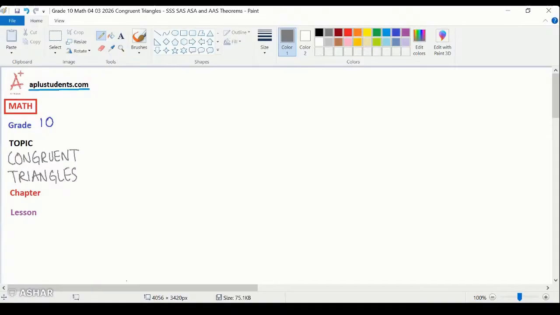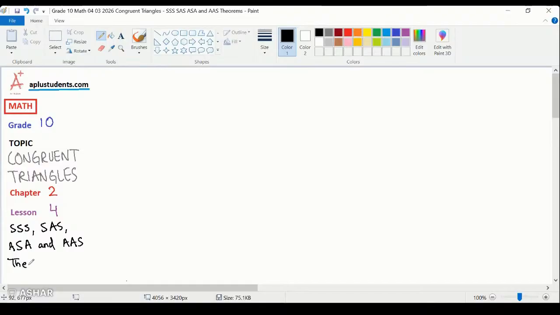Let me give you the chapter number. Chapter number 2, lesson number 4, and the name of the lesson is: we need to identify the side-side-side property, side-angle-side property, angle-side-angle, and angle-angle-side theorem, right?